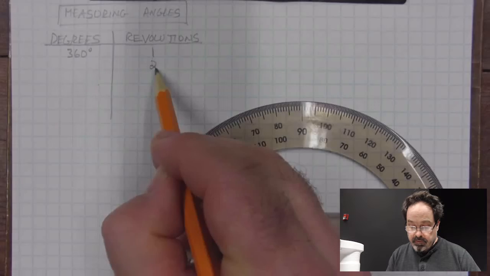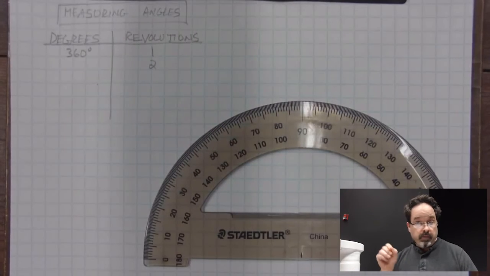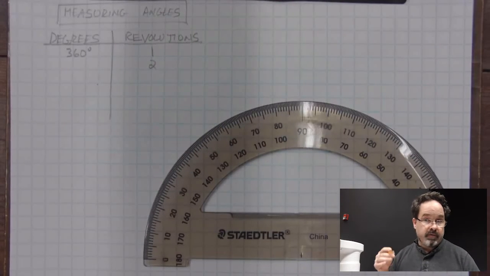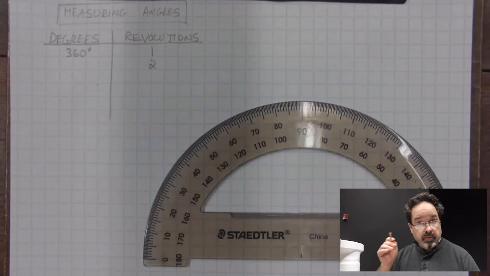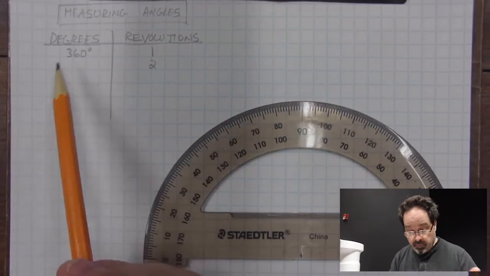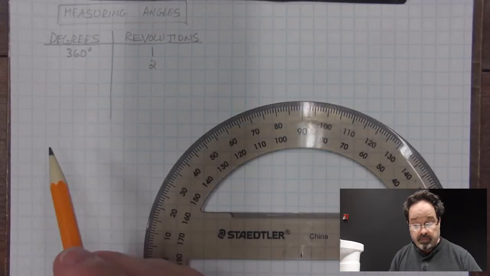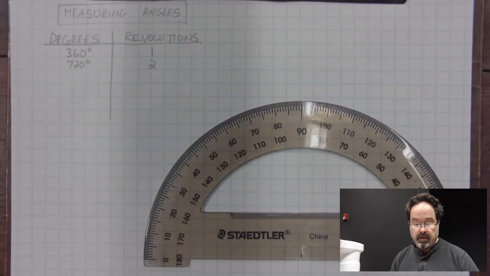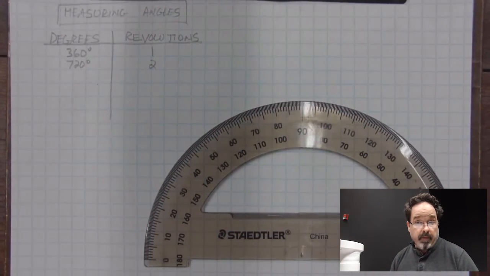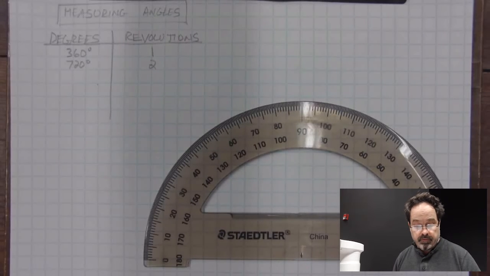So 2 revolutions means going completely around twice, whatever it is that's rotating or revolving. In degrees, 2 complete revolutions would be twice 360 degrees, or 720. Degrees are more useful for measuring fractions of revolutions.